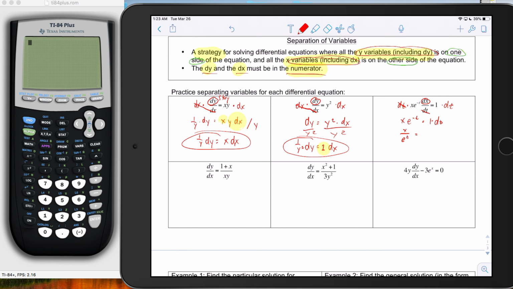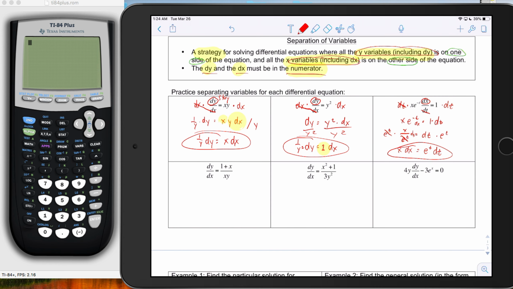I just did a reciprocal because there's a negative exponent, which really helps me because then I can just multiply by e to the t to both sides, and those two will cancel out. My goodness, I just realized we forgot a dx here. So we're left with x dx equals e to the t dt.